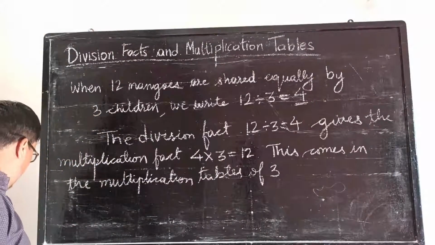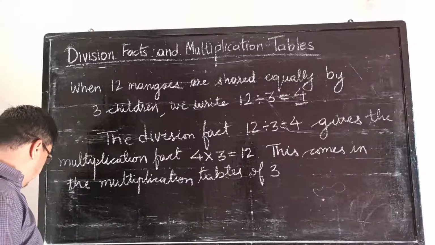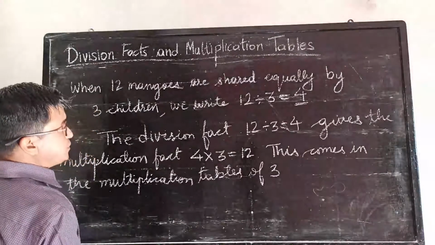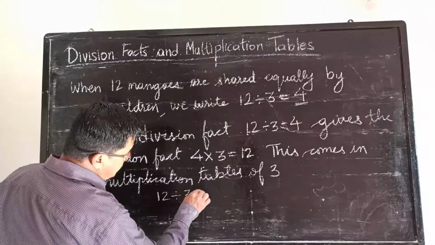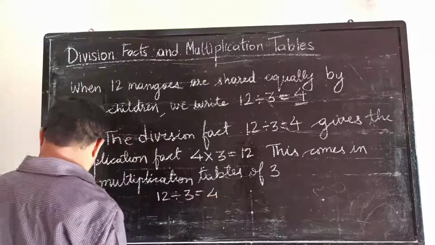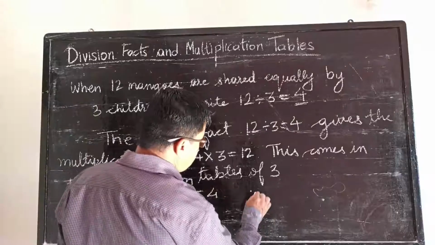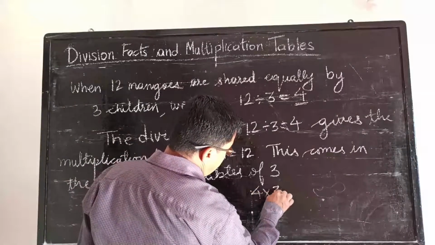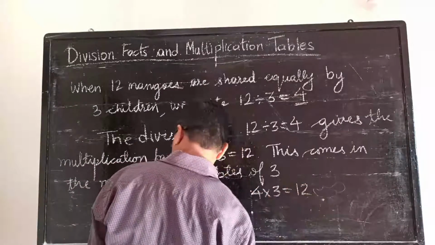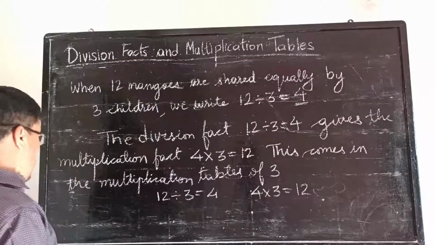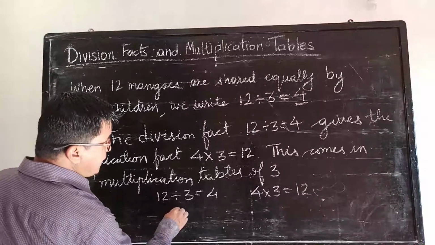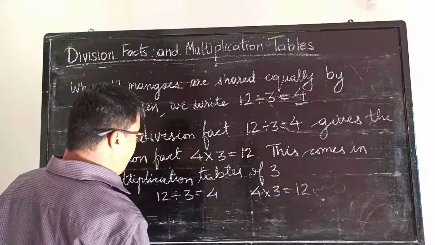This comes in the multiplication tables of 3. So now the division fact is 12 divided by 3 is equal to 4, and the multiplication fact is 4 into 3 is equal to 12. So here this is the division fact and this is the multiplication fact.